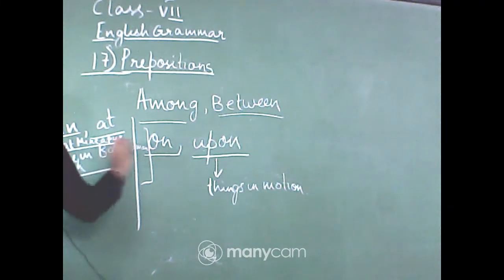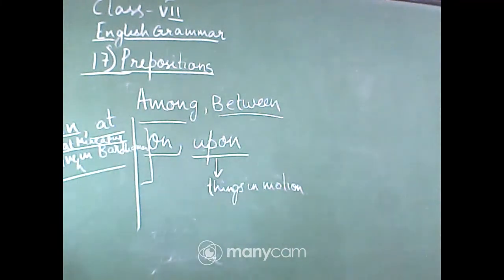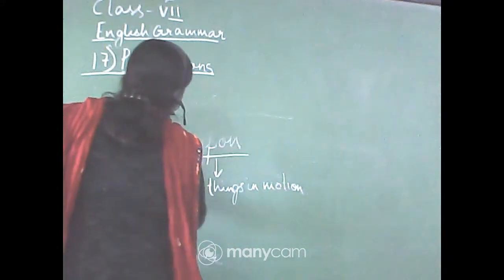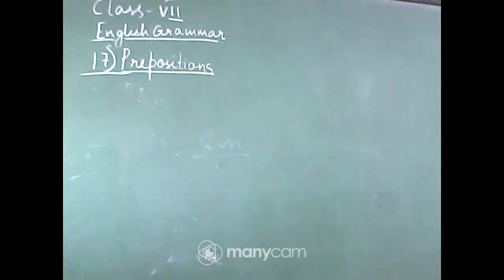So, when you are giving a specific location as well as a general location, then with the specific location we will use the word at, and with the general location we will use in. So, you write, I live at Bardhaman in West Bengal, or I live at Mirzapur in Bardhaman.